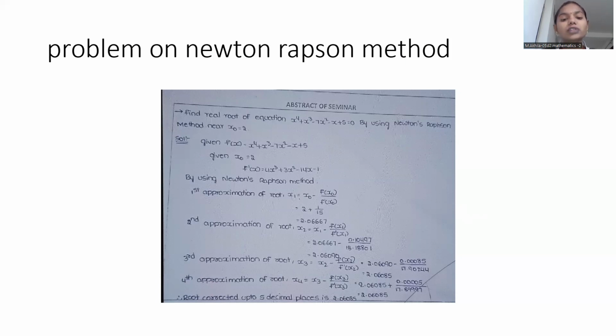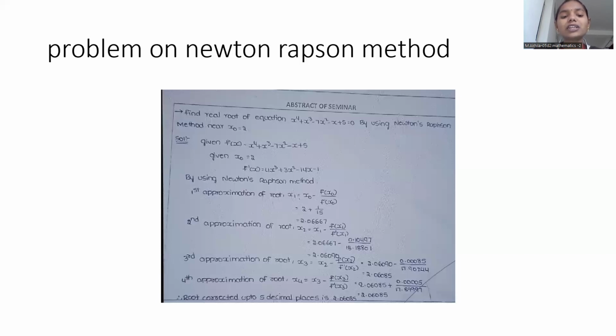Third approximation of the root: x3 equal to x2 minus f of x2 by f dash of x2. If we substitute the x2 value, 2.06090 minus f of x2, which is 0.00085, by f dash of x2, which is 17.90244.